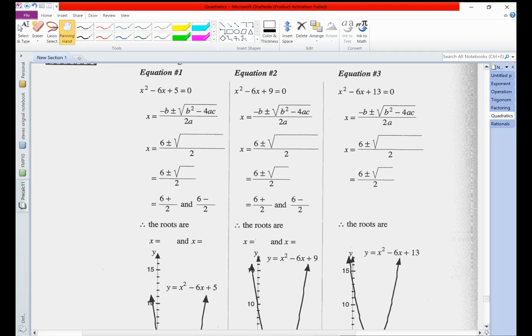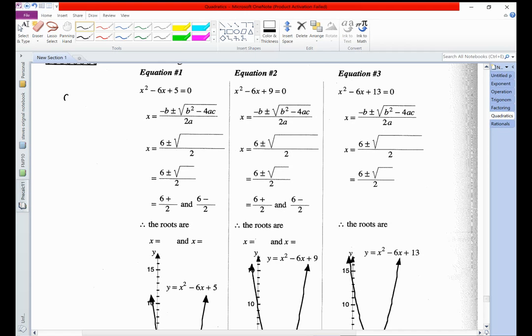So we have x squared minus 6x plus 5 is equal to 0. And we're going to plug it into our quadratic formula here of -b plus or minus the root of b squared minus 4ac over 2a. And they've kind of got everything filled out for you except what's underneath the root sign there.